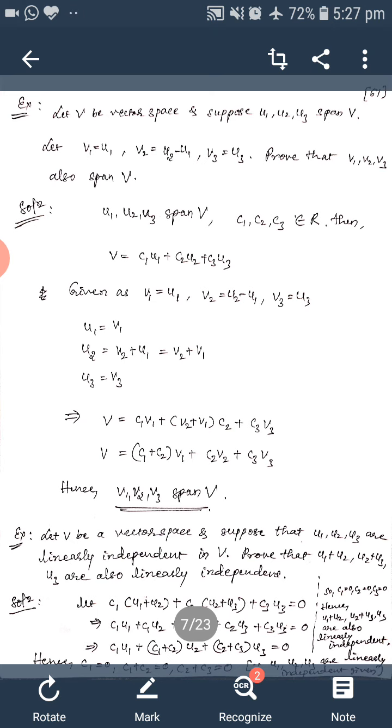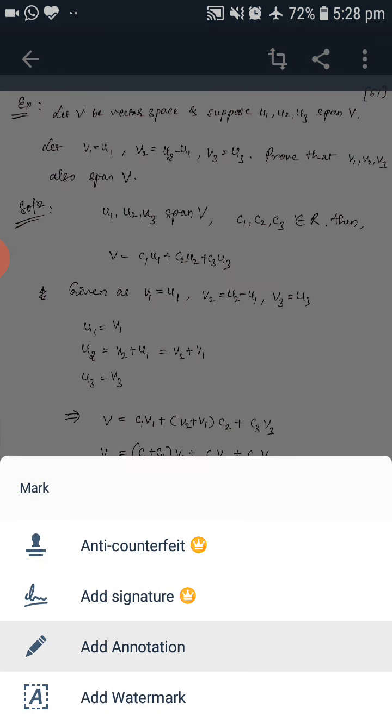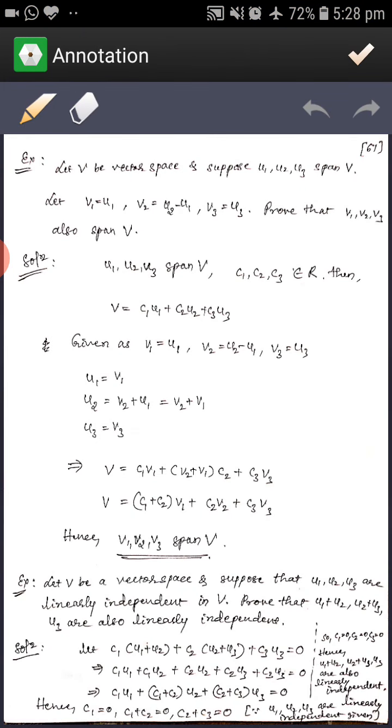Then the next one. Earlier we have seen the problem with vectors, polynomials and matrices, and here they have given some equations: let V be a vector space. Suppose u1 u2 u3 span V. In that case v1 is equal to u1, v2 is equal to u2 minus u1, v3 is equal to u3.